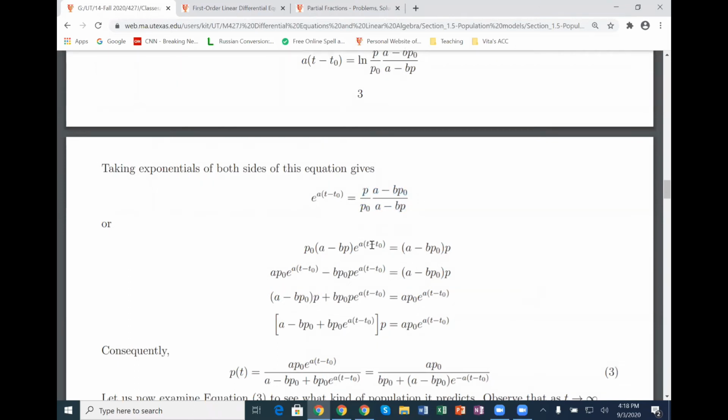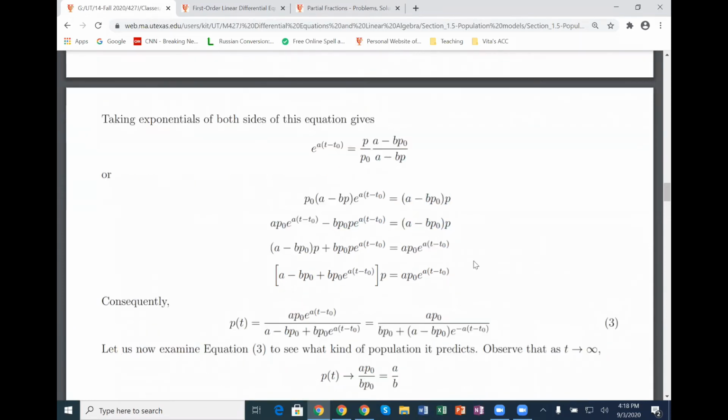Next step. Let us move the denominator, the product of the denominators, to the left. Done. Then we expand these parentheses. Done. After that, move this second term to the right and switch positions.